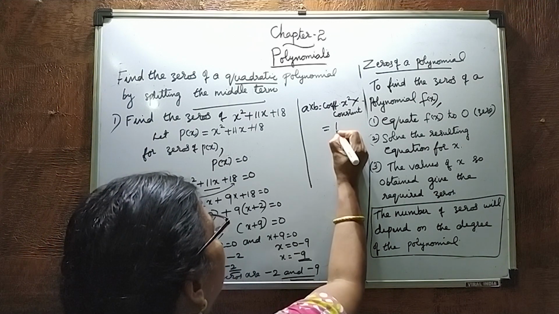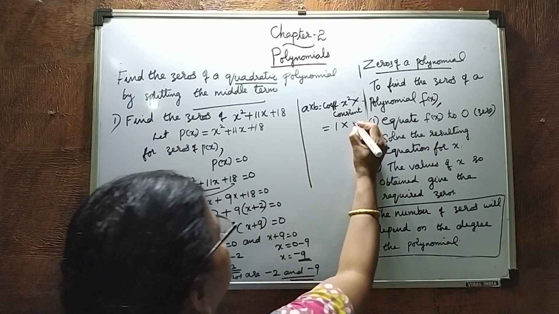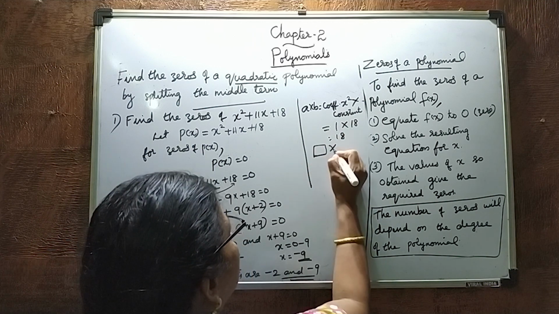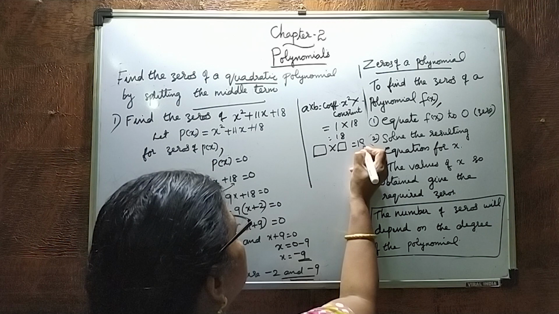Coefficient of x square is 1, into constant 18, you will get the answer 18. Now a and b should be multiplied, and you have to get the answer 18 itself.